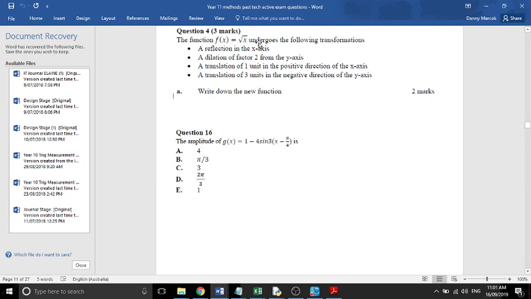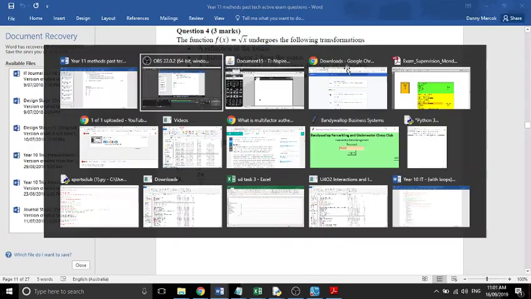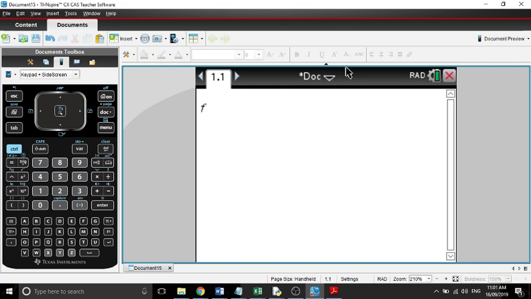Function f of x undergoes the following transformations. What we want is to write this in terms of f of x, which then becomes a times f of 1 over n, open bracket, x minus h, close off the bracket, and we say plus k.